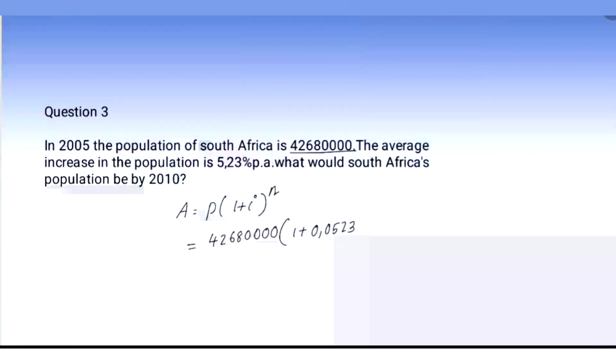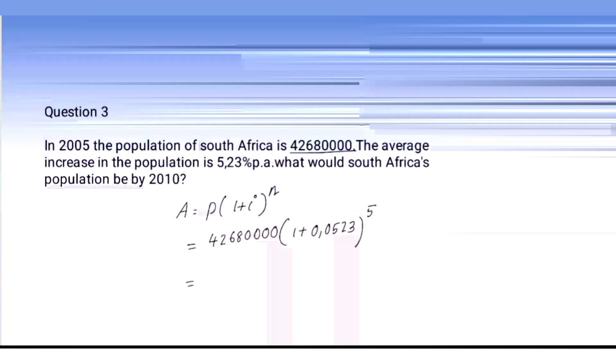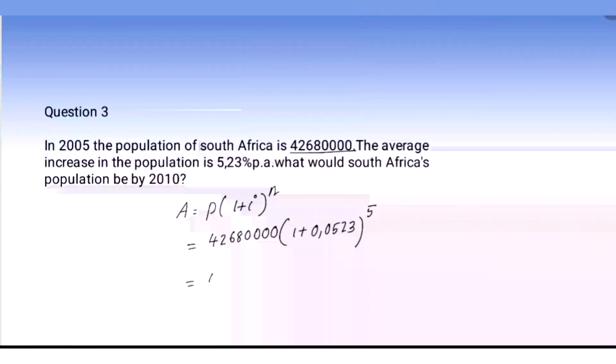You can use the calculator to get the value of i if you have a doubt in that. Then n is what? From 2005 up until 2010 means how many years? 5 years, isn't it? Apply this in the calculator. The answer is 55,070,911. So that is the population value.